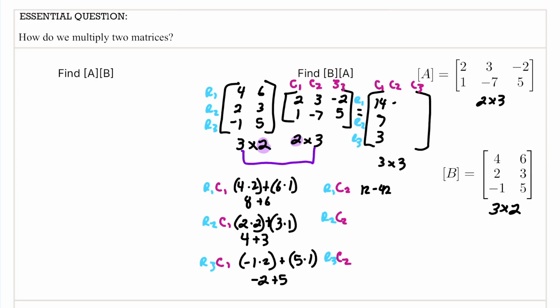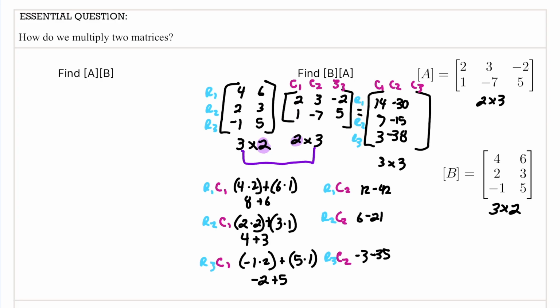So that's going to be negative 30. Then we've got 2 times 3 is 6. 3 times negative 7 is negative 21. So that'll be negative 15. Negative 1 times 3 is negative 3. 5 times negative 7 is negative 35. So we get negative 38.